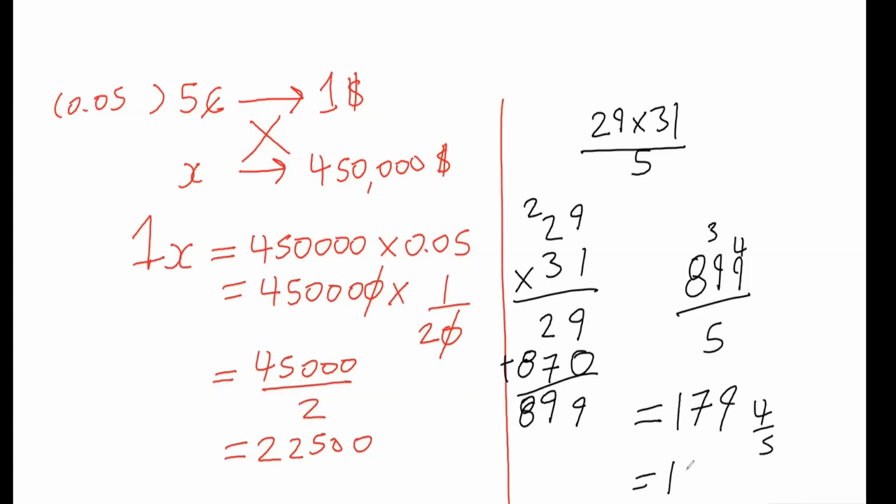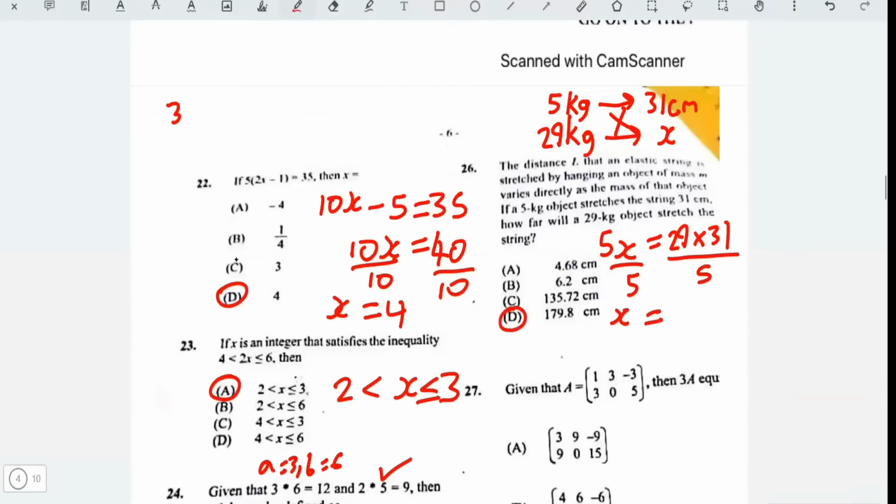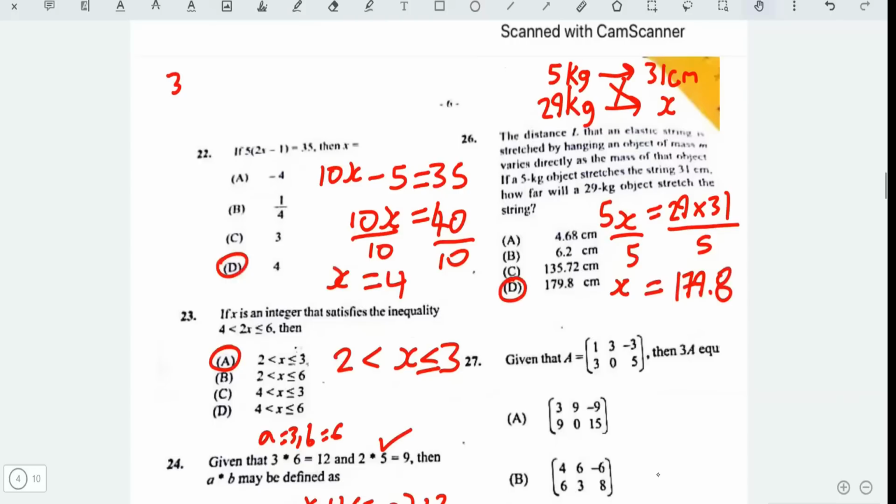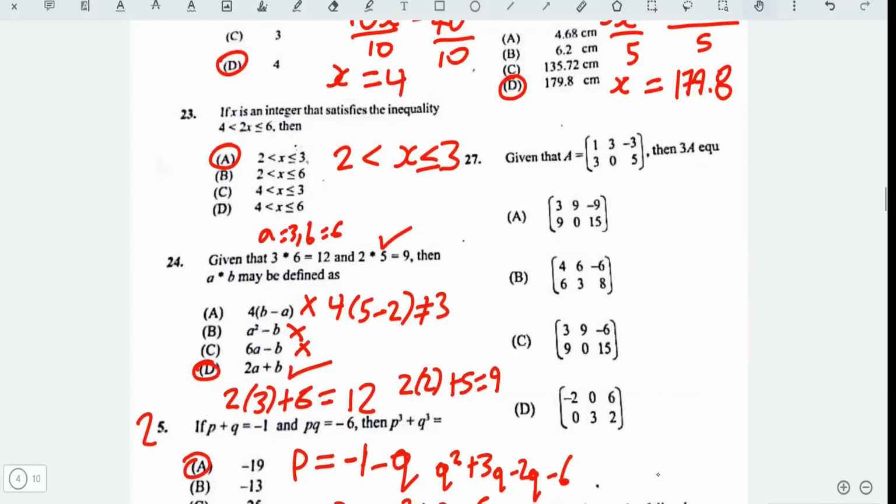So that's 179.80. So let's go back. Here it is, 179.8. That's option B.